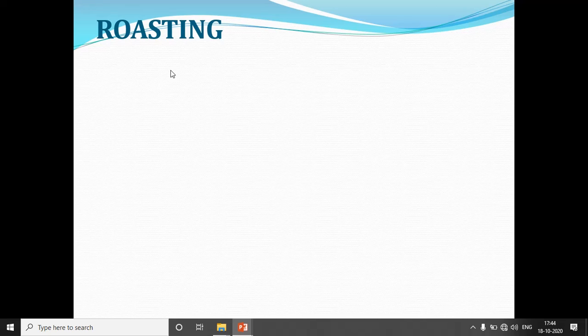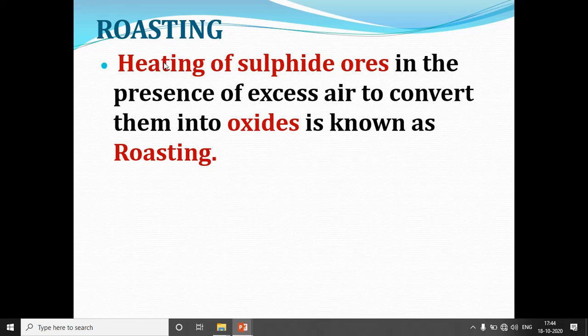Now, what is meant by roasting? Heating of sulfide ores. If the metal is available in the form of sulfide ores, we have to heat sulfide ores in the presence of excess air. We are heating the sulfide ores in the presence of excess oxygen to convert them into oxides.